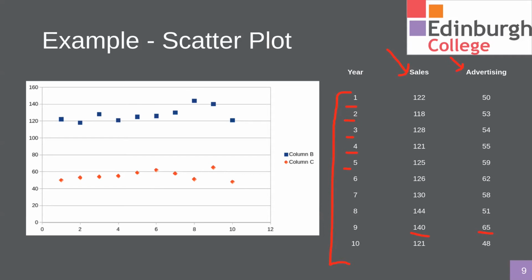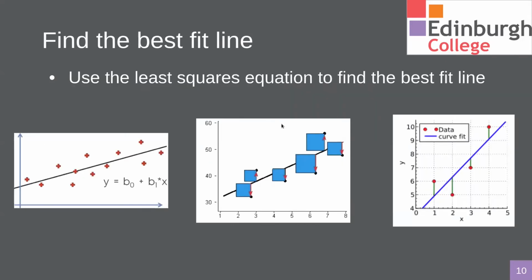Now what we could do is take all these values and put them into an equation, and then, if I said to you, we spent this amount on advertising this year, what do you think the sales would be based on the previous data we have? How do we do that?